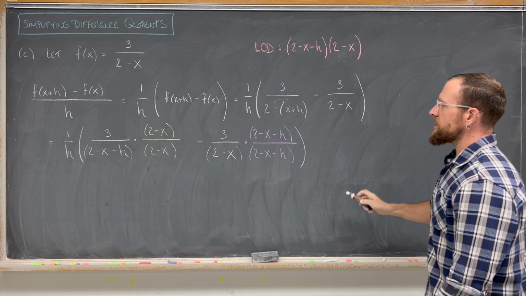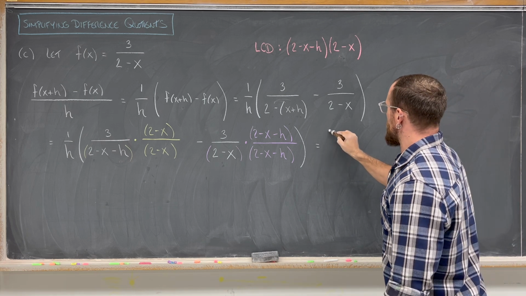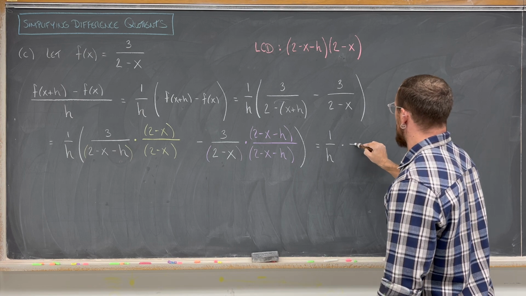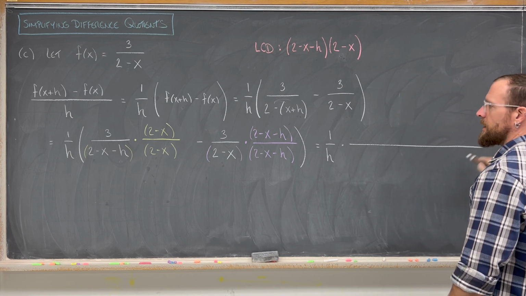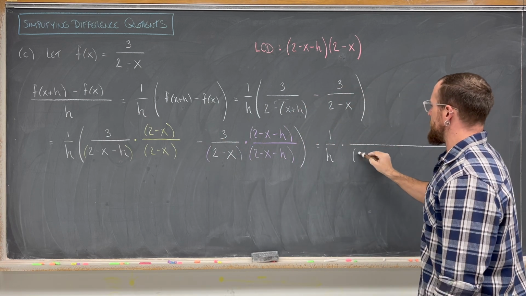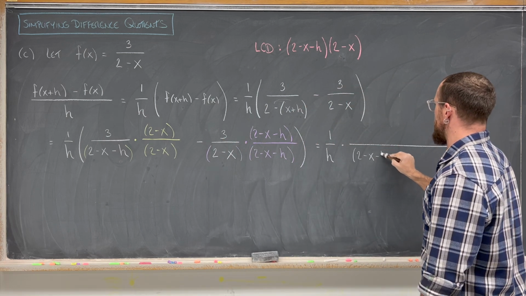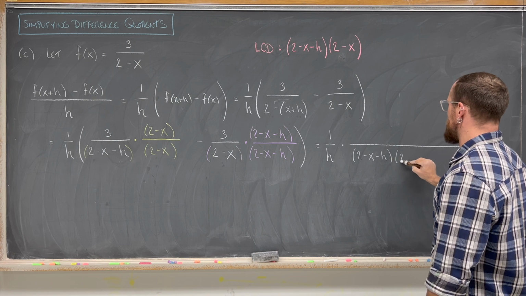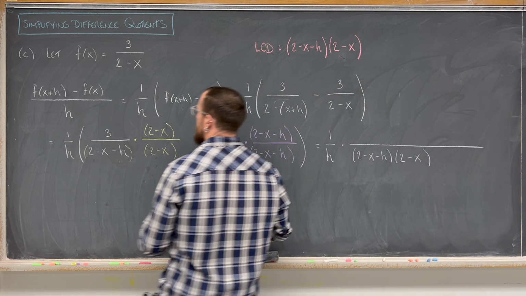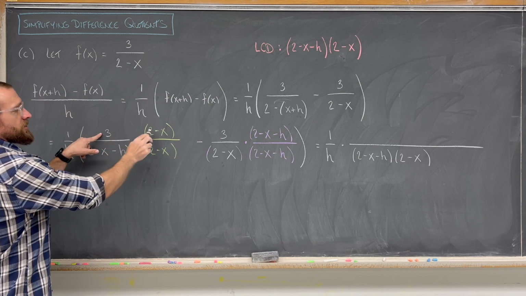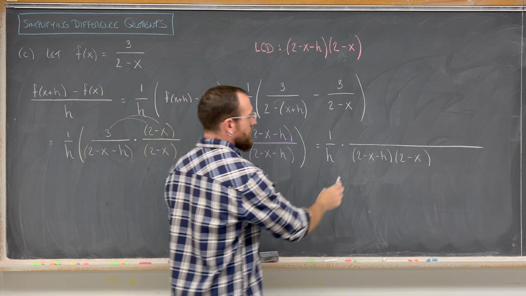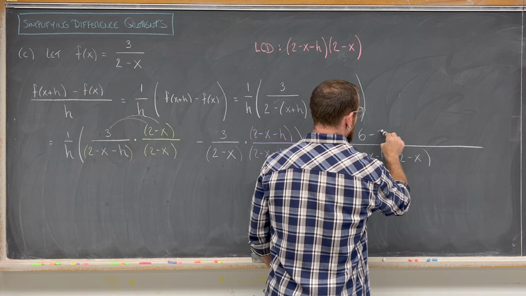And in fact, let's just see what I have. I have 1 over h times, and now I'm going to write this as a single fraction because both of these fractions have the same denominator. That denominator is 2 minus x minus h times 2 minus x. And what is the numerator? Well, the numerator is 3 times 2 minus x. That's a 6 minus 3x.